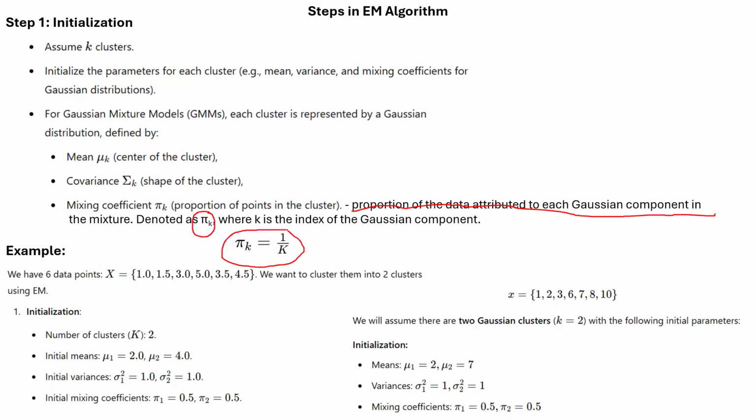If k is equal to 3, pi k will be 0.33. If k is equal to 2, it is 0.5. So that is what the mixing coefficient is.